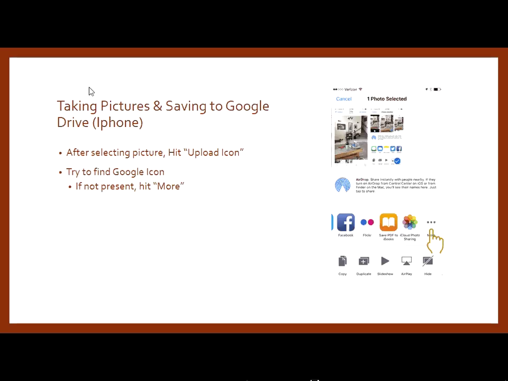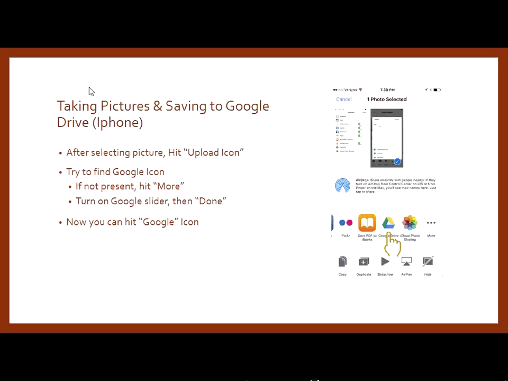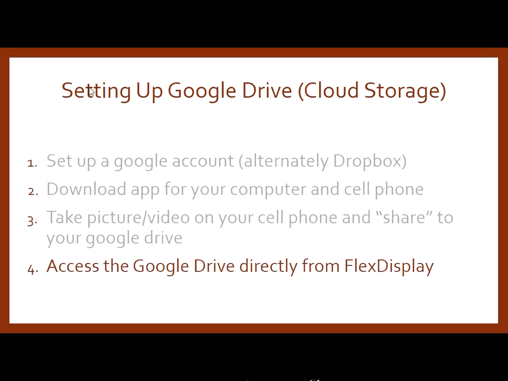So you have to hit that More button. It looks like 3 dots. And then what you do is you turn on, you see with the slider, you turn the Google on, then hit Done. And now the Google icon will appear, and you want to then select or hit that icon. Once you hit that icon, all you have to do is now upload, and you will save that picture to Google Drive.